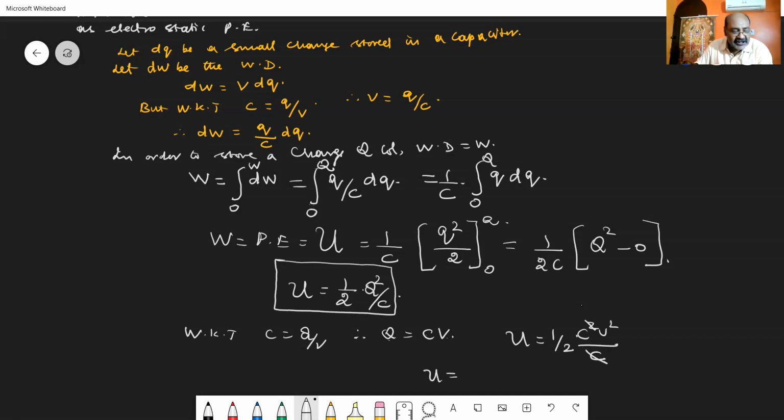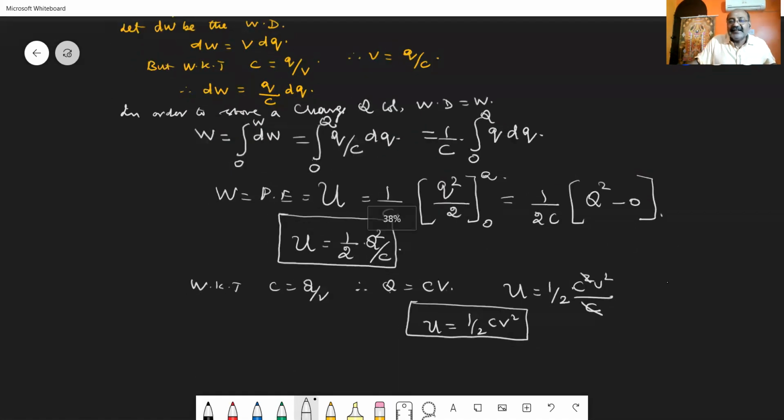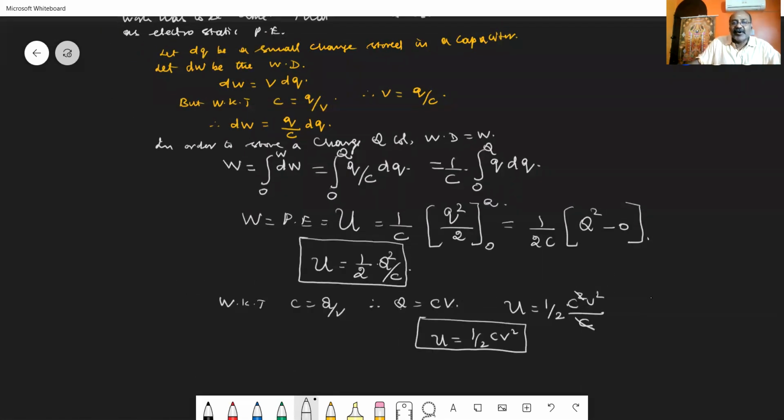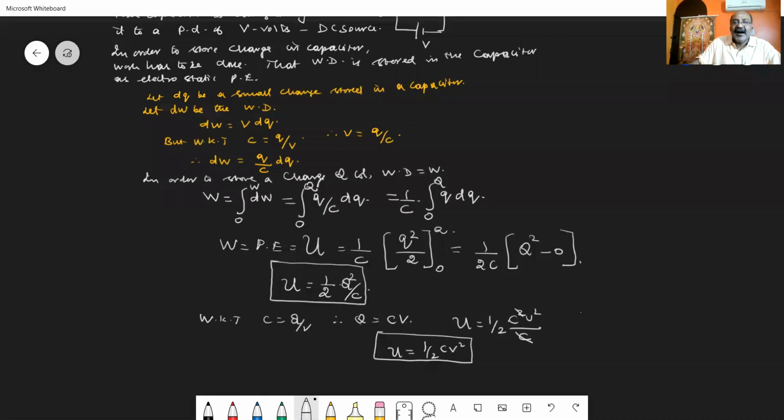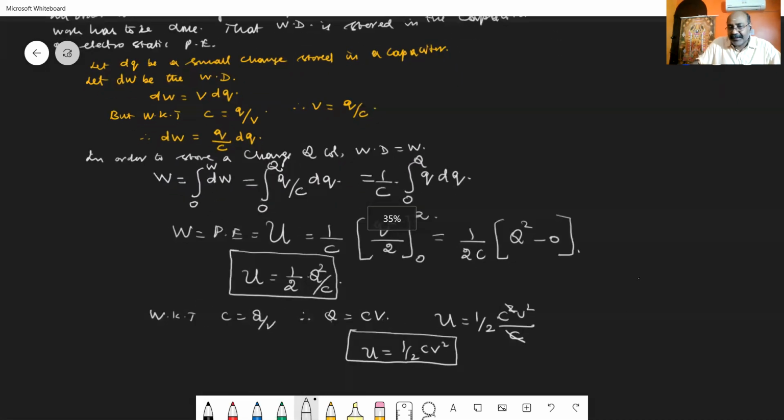So potential energy can also be written as half into C into V square. These two expressions give the energy stored in the capacitor, which is the potential energy of the capacitor.